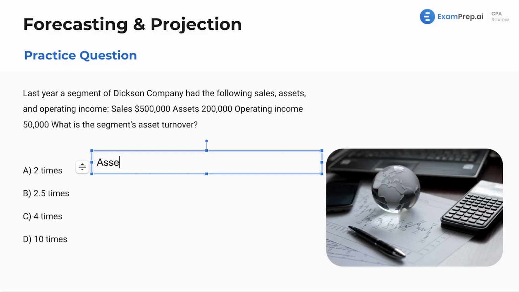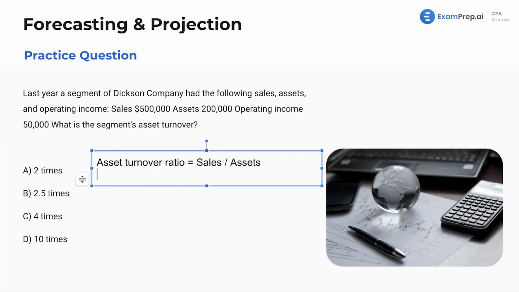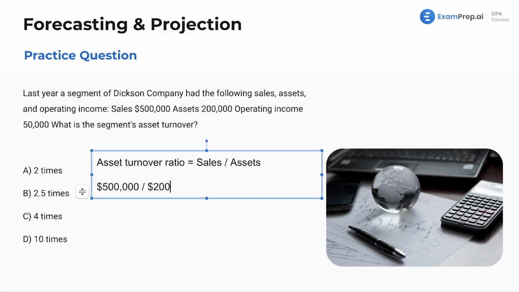And the asset turnover ratio, you should definitely have this memorized. If you don't, no worries, here it is. That is sales divided by assets. So this question is as simple as 500,000 divided by 200,000. That is going to get us a result of 2.5, which is letter B.